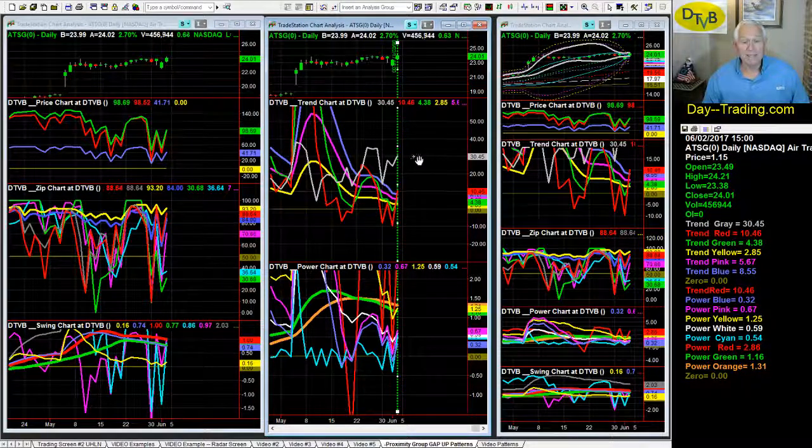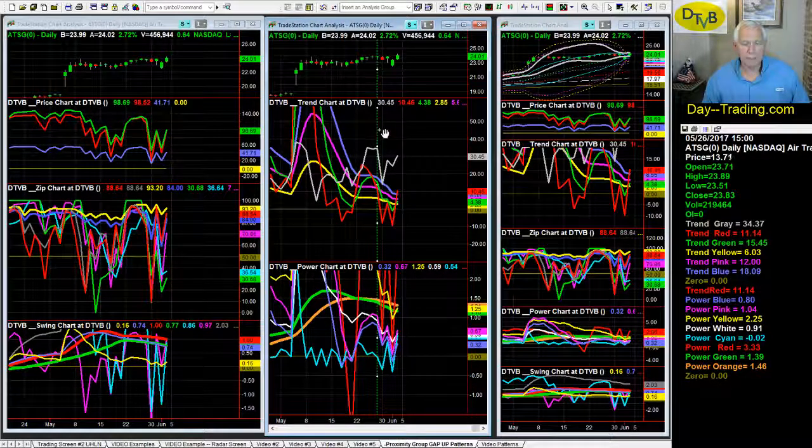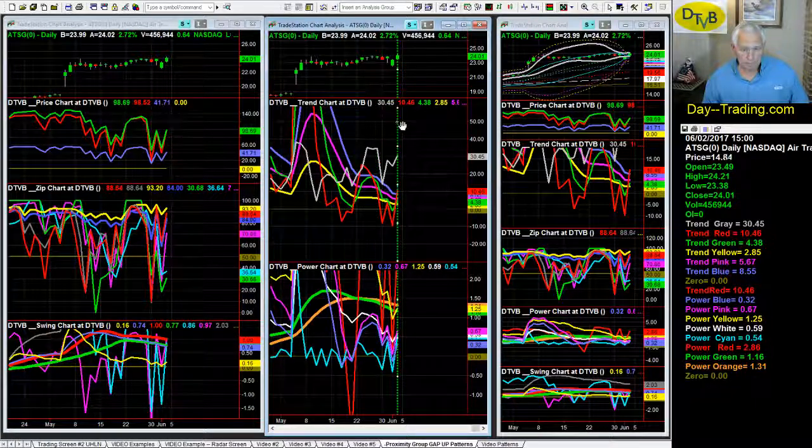But it definitely looks like a gap. We have confirmation over here. If you take the green line and put it over there, we have another lower high on this day compared with the day that we're now looking at, which is June 2nd, 2017, today. So we'll see what happens tomorrow.